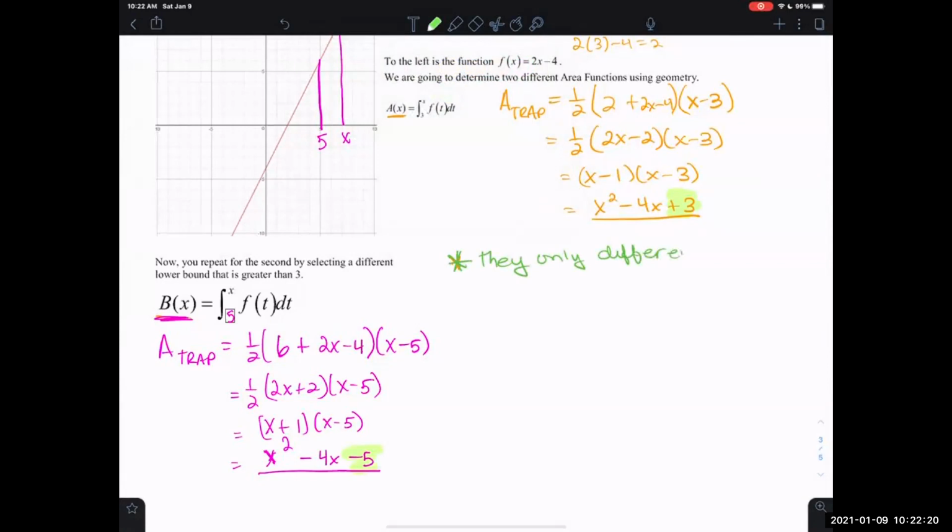Our area functions only differ by a constant, right? Okay, so let's make a generalization real quick.